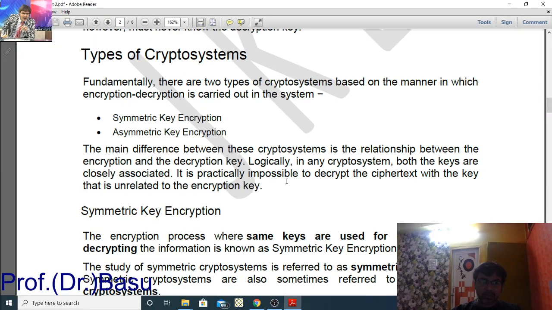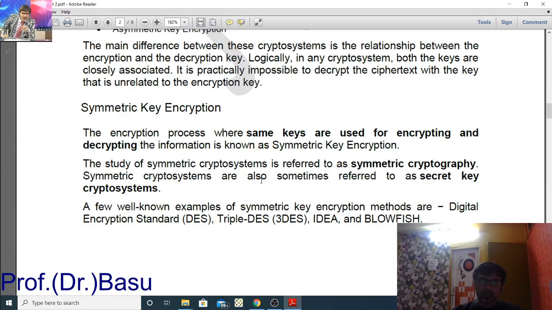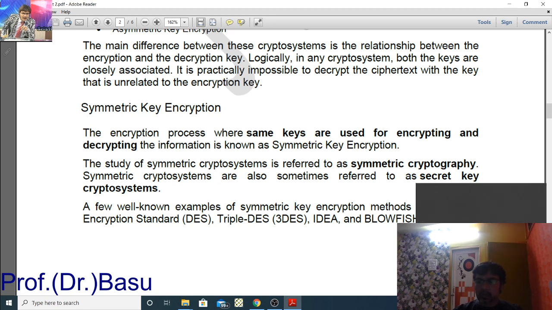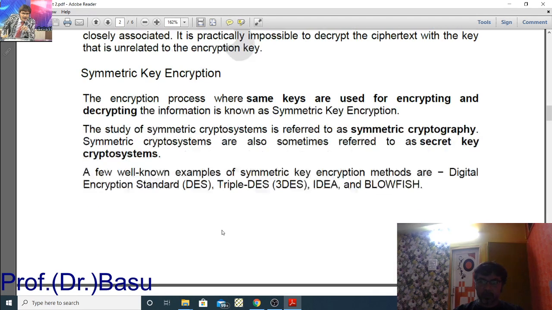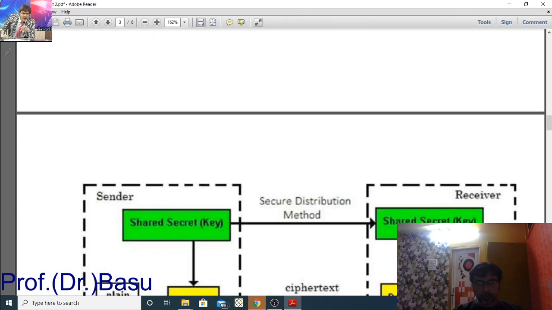They don't agree on the same key. This is mentioned over here, and we have to study the different systems of symmetric key encryption, like Data Encryption Standard, International Data Encryption Algorithm, DES, AES, Advanced Encryption Standard. These are the different methods of symmetric key encryption we have to know.